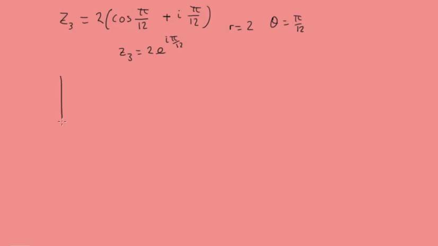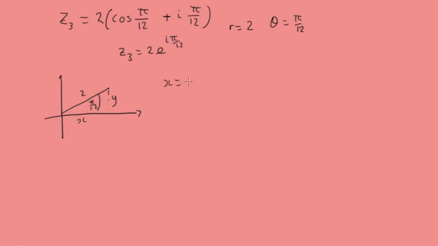And again, just using the same way as we did previously. So we know that something like this, we've got 2, we've got pi over 12, and now this is going to be y and this is going to be x.